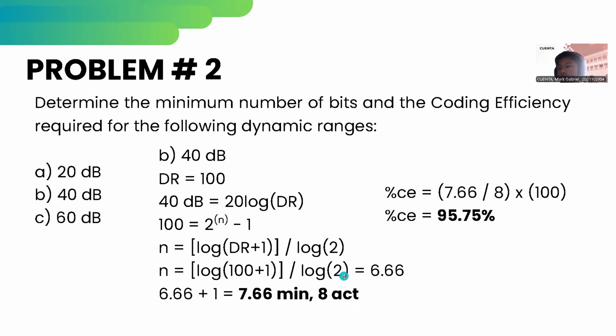We again get 6.66 rounded off to the second decimal places. 6.66 plus 1 is equal to 7.66, minimum of 8 bits. Percentage of CE is equal to 7.66 over 8 times 100. So percentage of CE is equal to 95.75%.